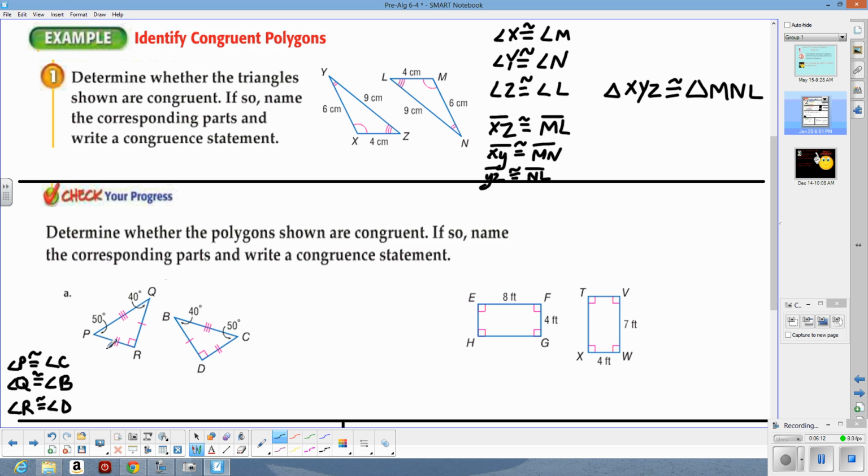I can also show the corresponding sides. So this one matches up with this one, so we can say QR is congruent to BD.